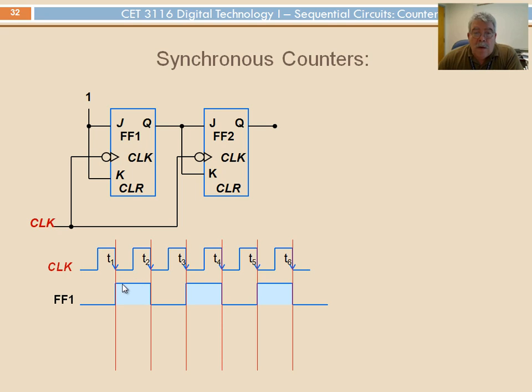Of course, when we have F1 high here, that means that we have to toggle. At this point, this is the point of interest. This is when this flip-flop is going to change. However, at this point, you're going to see that what we're actually reading is that FF1 will be in 0.